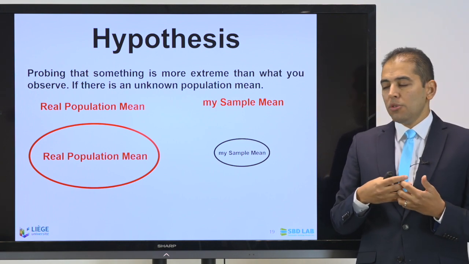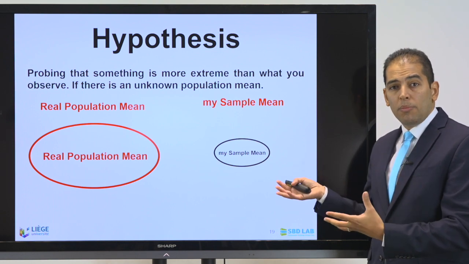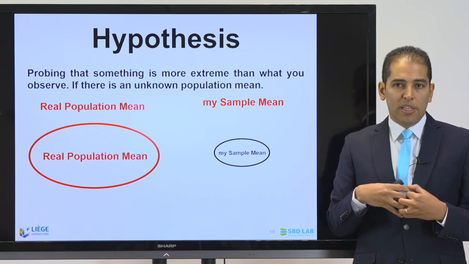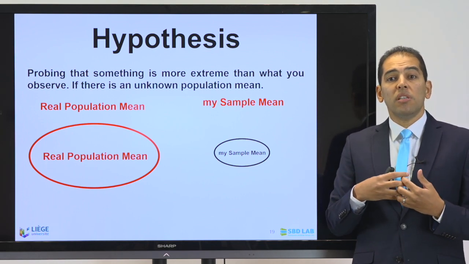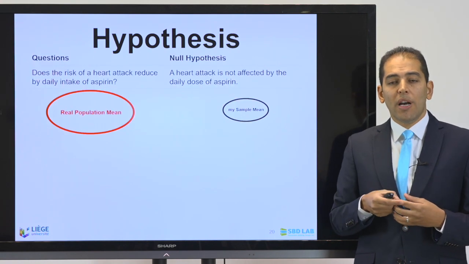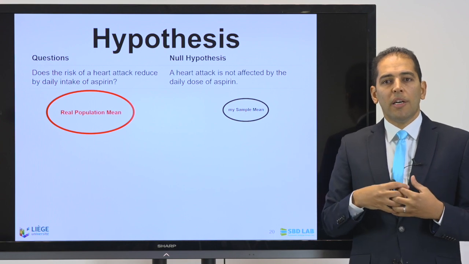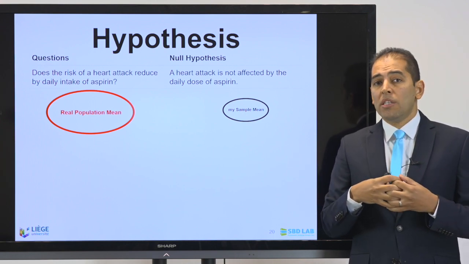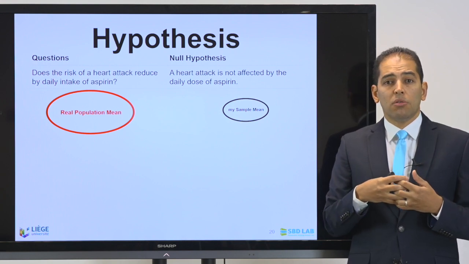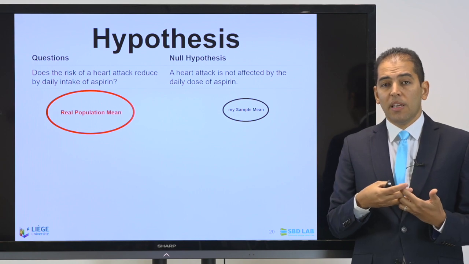So we start our observation, we calculate our sample mean, and then we start to estimate the real population mean, see if there is an unknown population mean, and start to compare them. Let's take an example. We have a real population that has a risk of heart attacks, and we are asking the question: does the risk of a heart attack reduce by daily intake of aspirin?